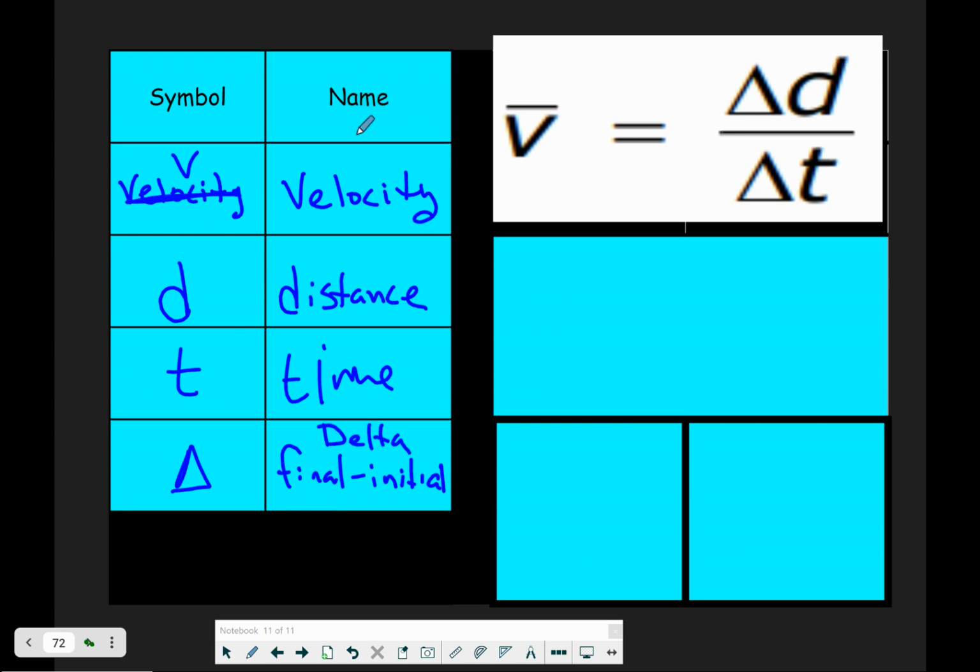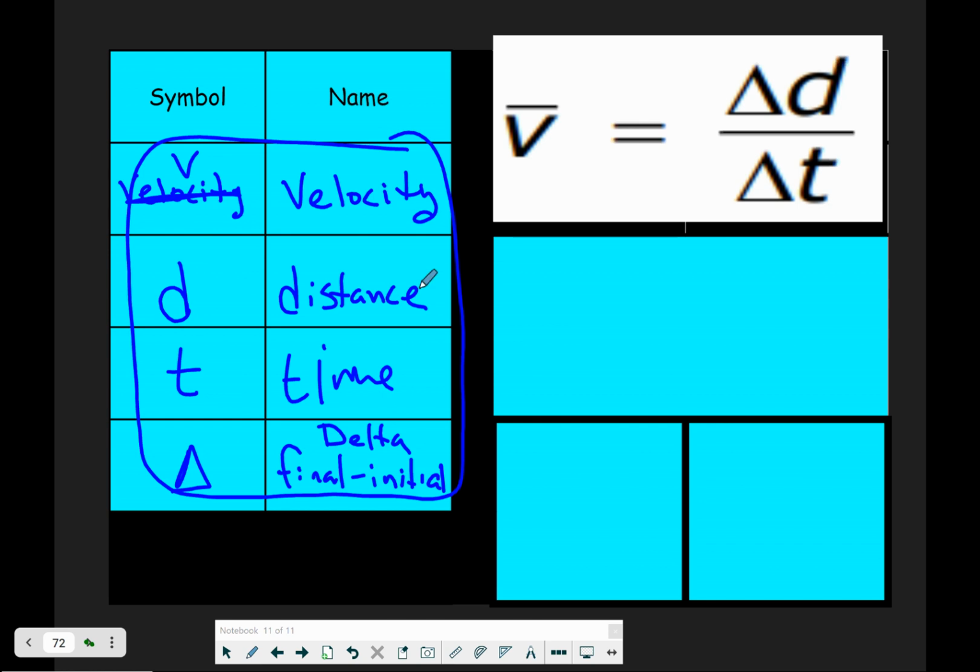Now remember, all of this information comes from the second column on the first page of your reference tables. Okay, the first column gives you the formulas. The second column gives you the symbol and the name.